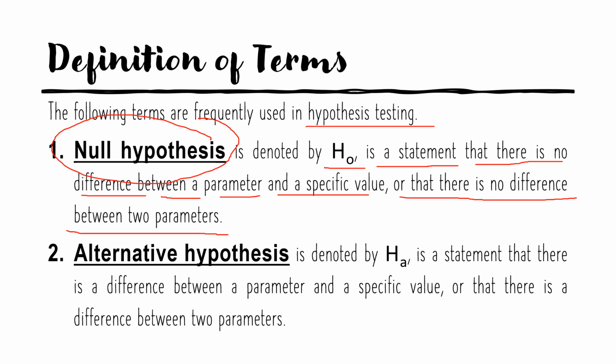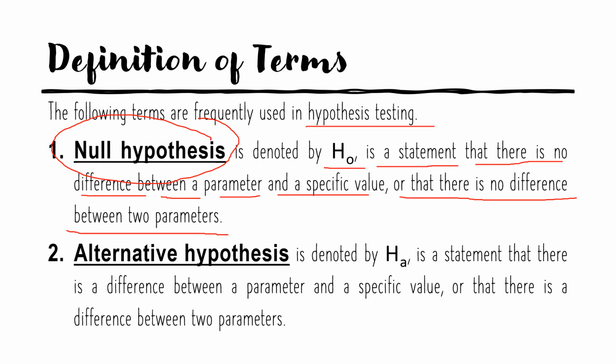So as a researcher, we don't want this type of hypothesis. Why? Because as a researcher, we always want to prove that there is an existing difference between your parameter and your specific value.